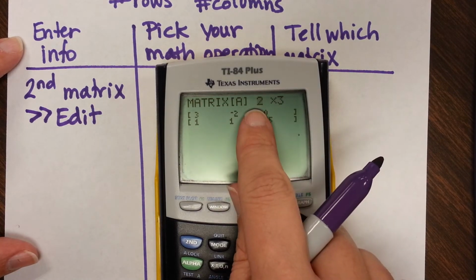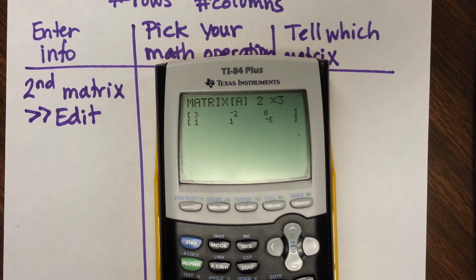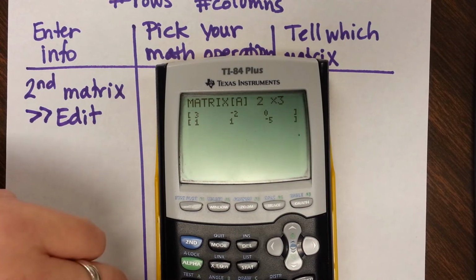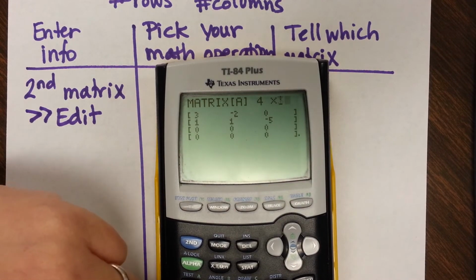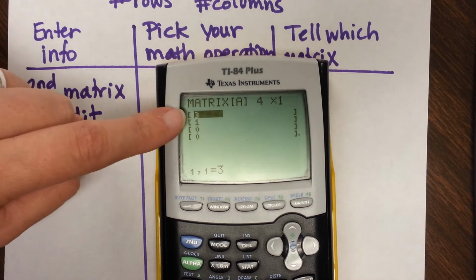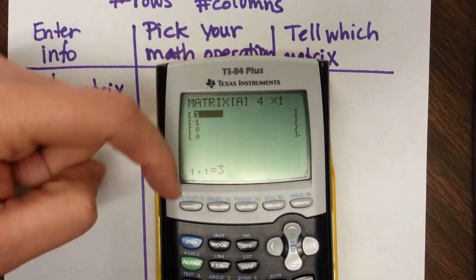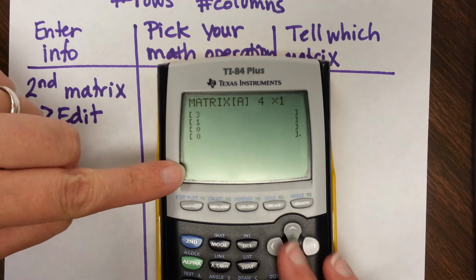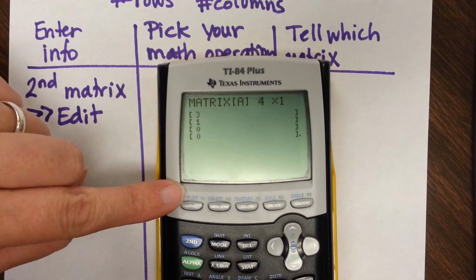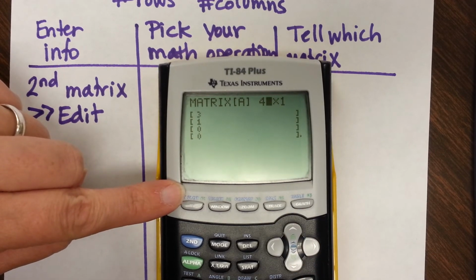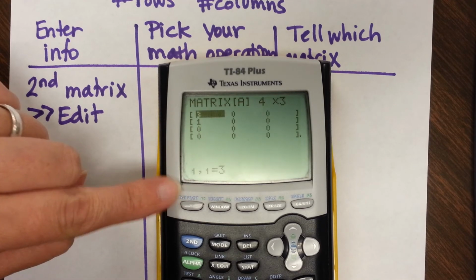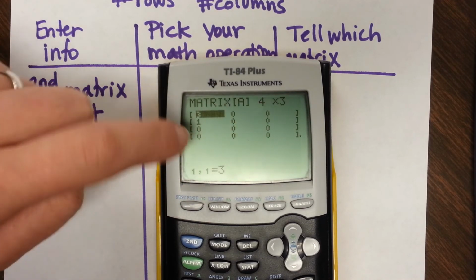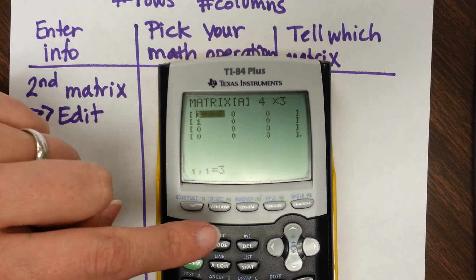Up at the top, the first thing it asks us to enter is our size. If I had entered a 4 by 1, you'll notice it would have given me 4 rows and 1 column. If I had entered a 4 by 3, it would have given me 4 rows and 3 columns.